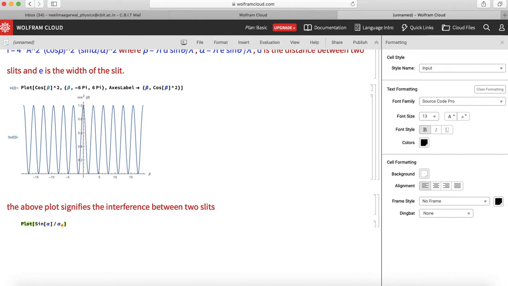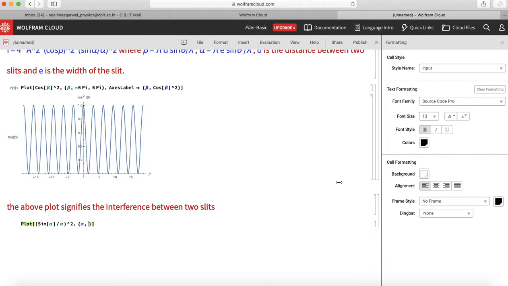Then in the bracket I'll put square. Now I need to specify the range of alpha. What should I take for alpha? I need to plot on the same curve.